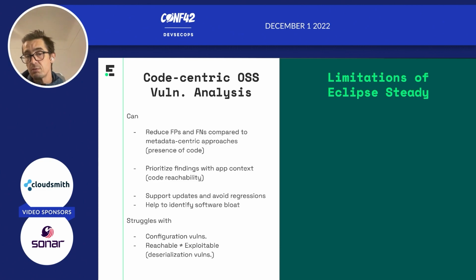On the negative side, I have to mention that, of course, they struggle with so-called configuration vulnerabilities. So if a fix consisted only of changing a default configuration in a properties file or XML file that is coming with a Java archive, code-centric analysis cannot do much. And secondly, reachable is not the same as exploitable.